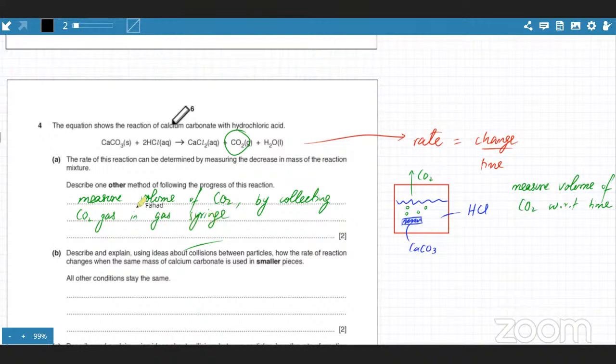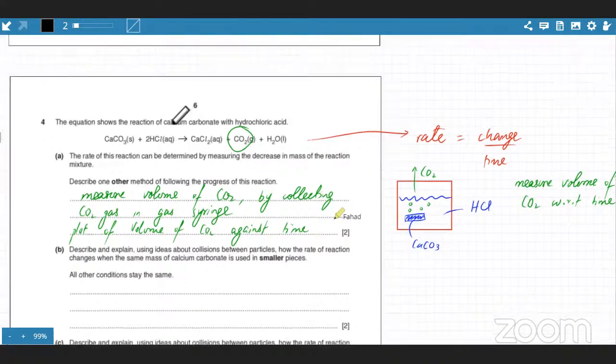And you can plot a graph of volume of CO2 collected against time. So the time axis would also tell you how quickly that CO2 gas is being collected.